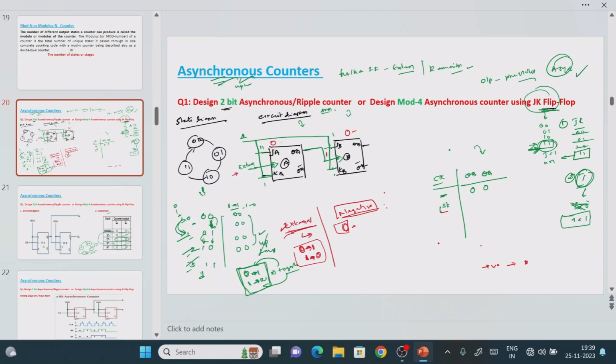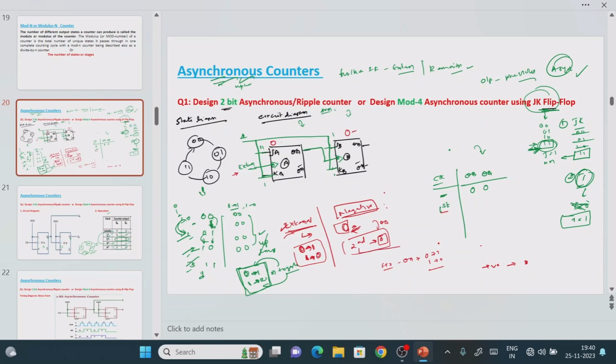From this, the point to understand is that the negative edge will trigger only for 0. Whenever the second clock pulse, which is the output of QA, is 0, then flip-flop 2, that is QB, will change: 0 to 1, or 1 to 0.